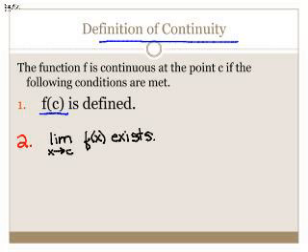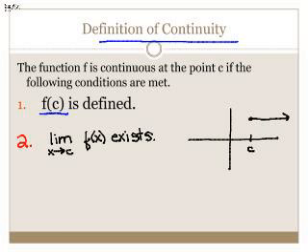Okay, so remember when we talked about the limit? In order for the limit to exist at c, let's say this is c, this is any x value, and let's take maybe a function that looks like this. We see here at c that the limit does not exist.